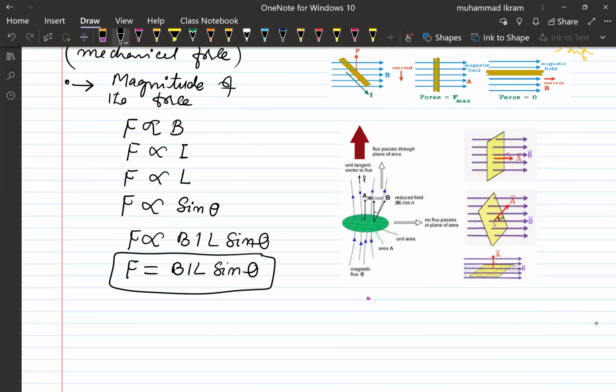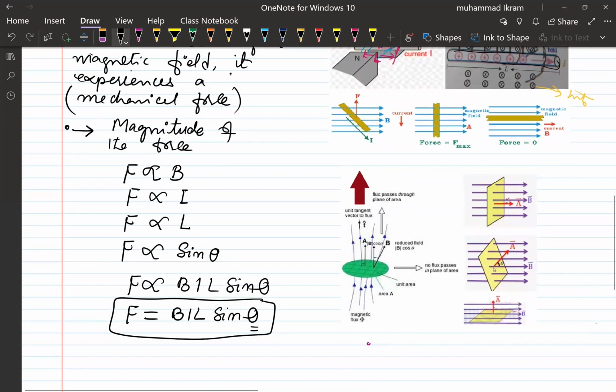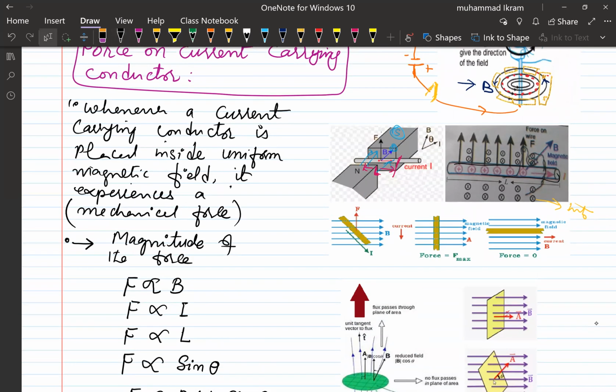It means that besides B, I, and L, the force also depends on the orientation. For example, if you rotate the conductor in the horizontal plane by 90 degrees, then I will become parallel to B, and so this force becomes zero.